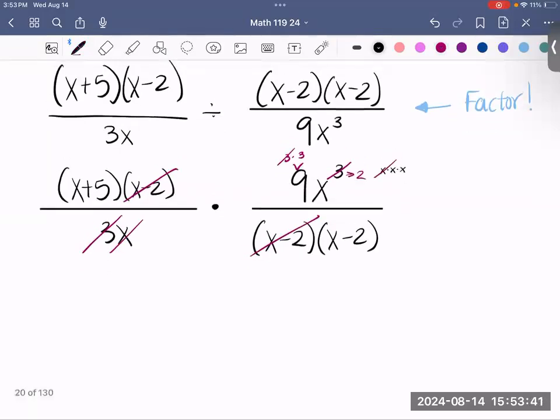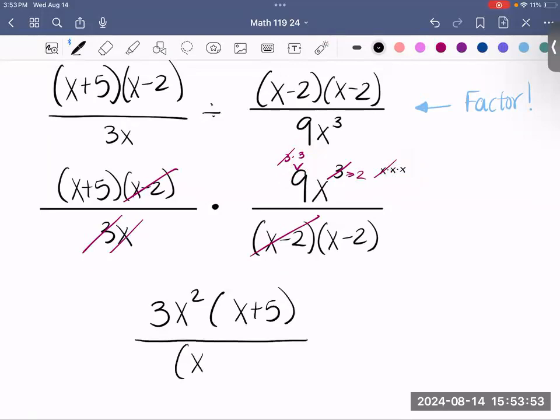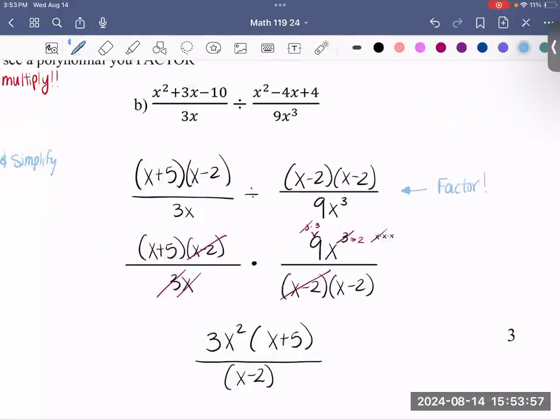So your final answer should be 3 from the leftover 9, 2 x's times x plus 5 all over x minus 2. So to rehash, you're going to factor first, then you get to simplify, and then leave it in its factored form.